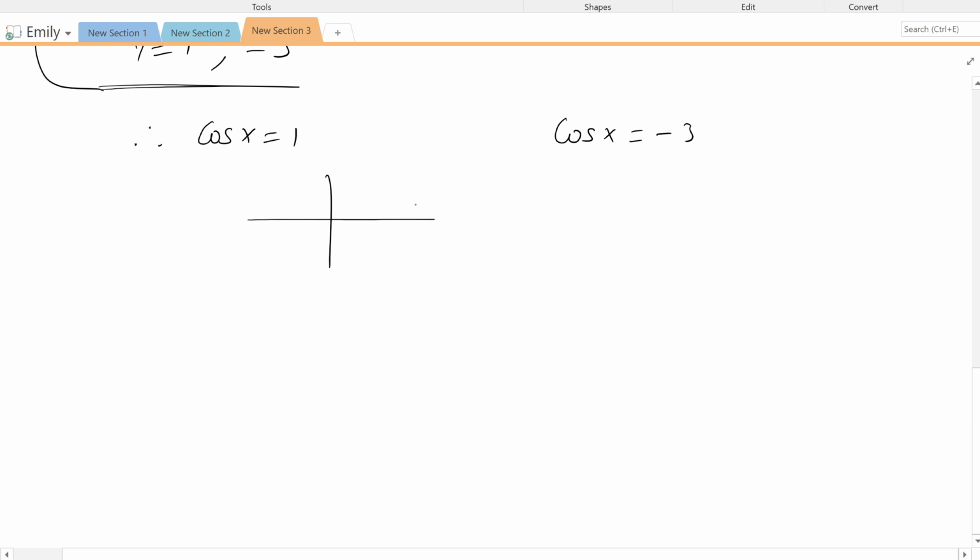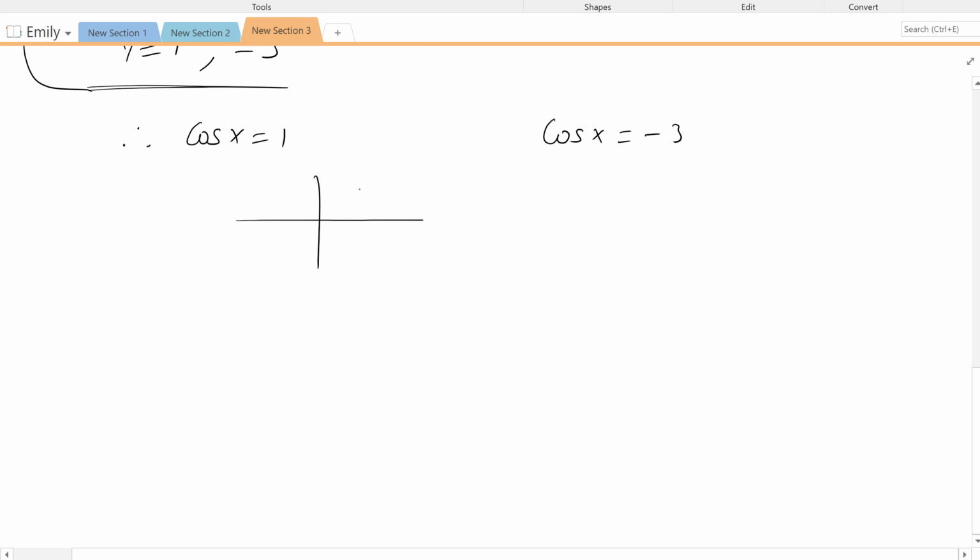We know that cos x is positive, so it may lie in the first quadrant or the fourth quadrant. We know that cos 0 is 1, and cos 360 is 1. Therefore, x equals 0 or 360 degrees.